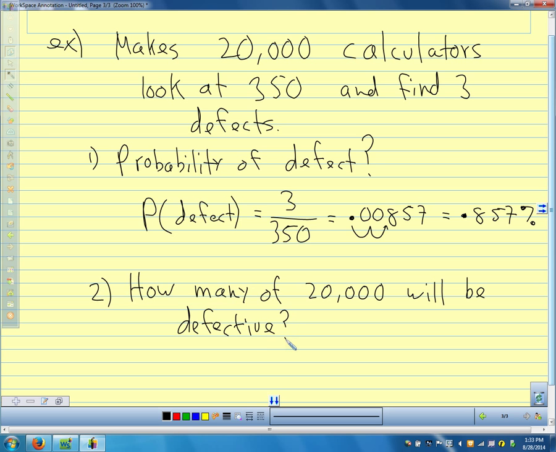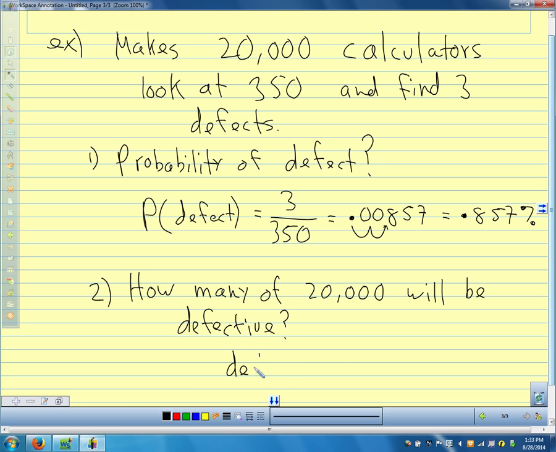So what is this question asking us to do? Multiply the decimal by 20,000, because what it's asking us to do is find what is 0.857% of 20,000. To do that, we multiply the decimal times 20,000.